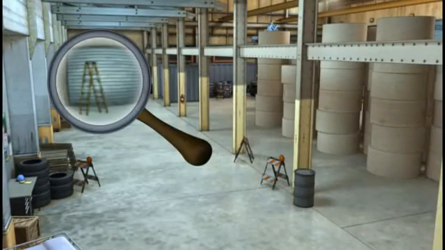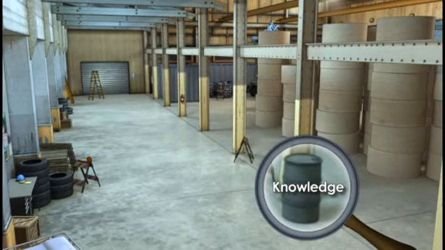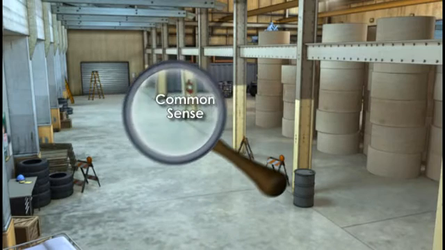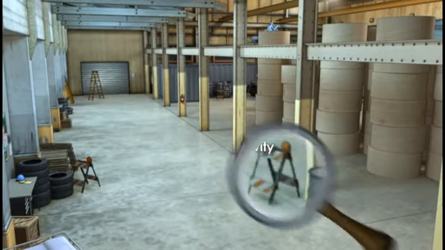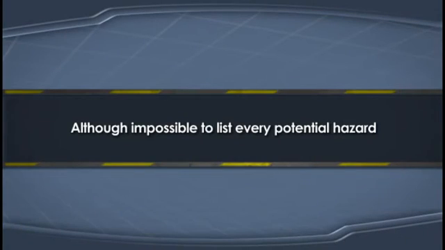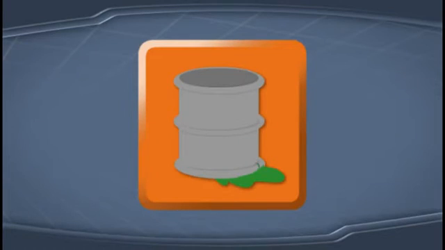Looking for hazards is a little like being a detective. You have to use a mixture of knowledge, experience, common sense, and creativity to anticipate hazards. Although it's impossible to list every potential hazard, keep the following hazards related to tools or materials in mind while looking. Chemical hazards, including chemicals that are toxic, flammable, explosive, or corrosive.